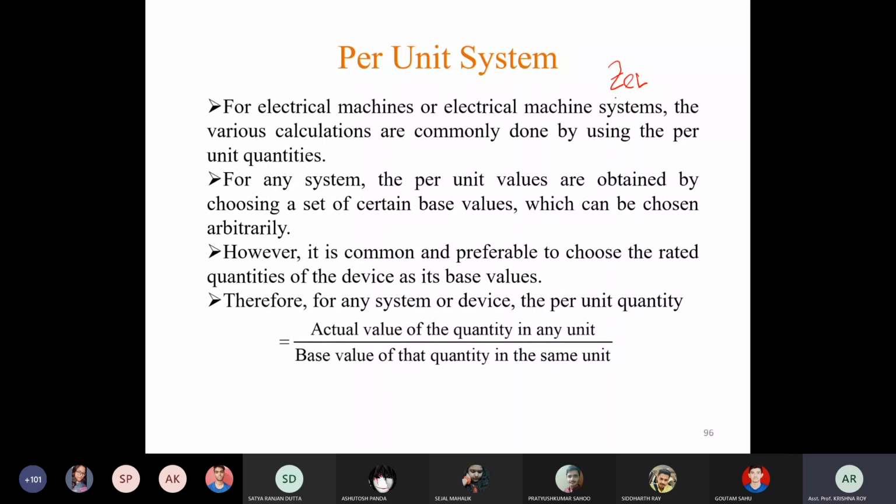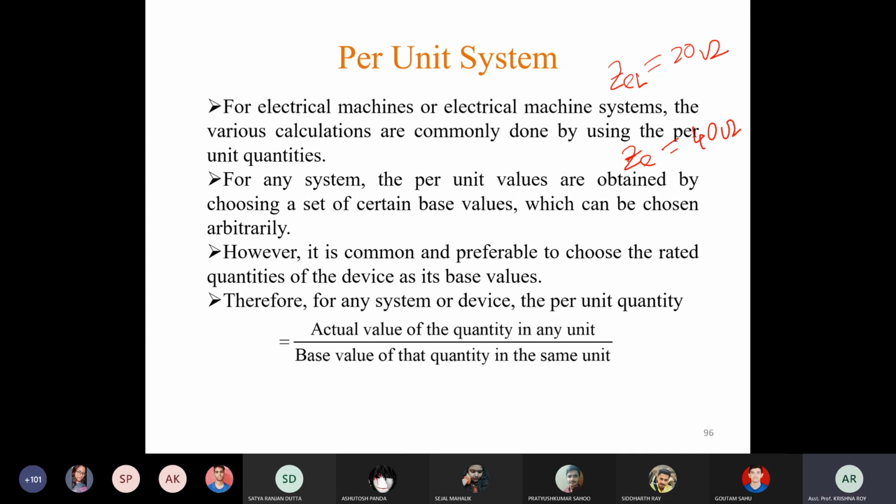That means suppose ZEL is given as 20 ohm. Now we have to select one base value, that is, suppose the rated impedance, suppose ZBE. This is the rated impedance of the transformer. For example, suppose this is equal to 40 ohm.